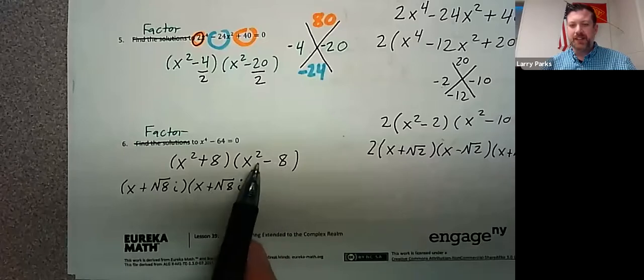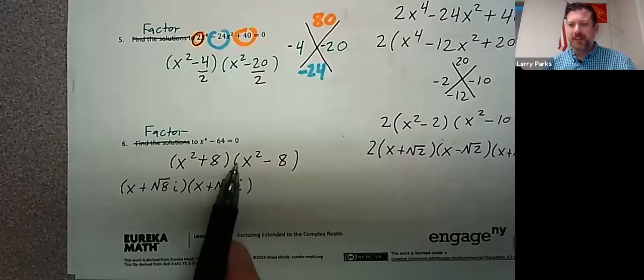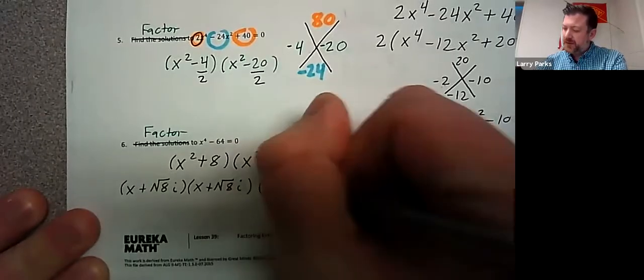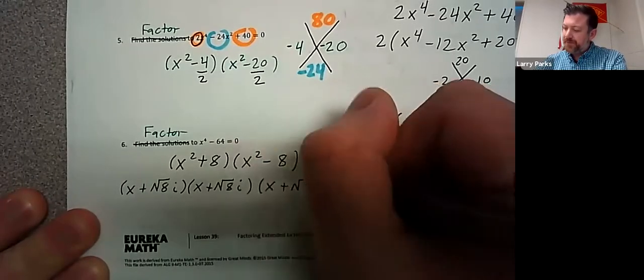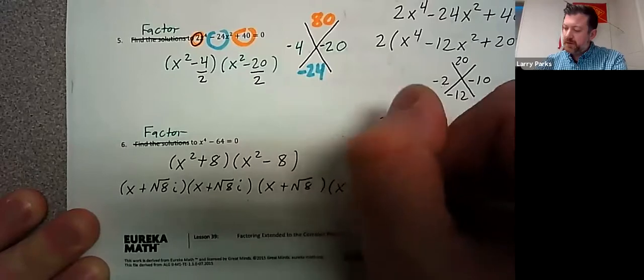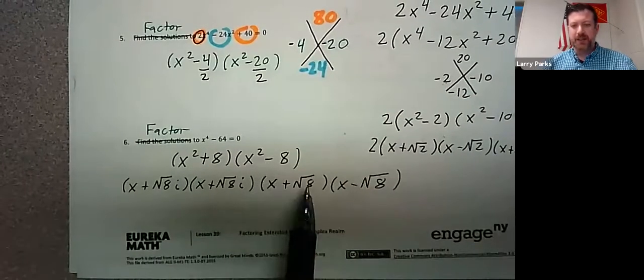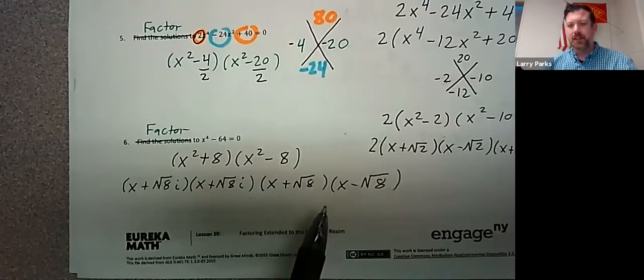And then for this, you also get x plus 8, x minus 8 with the square root. But because it's a minus, you do not need the i's. And that's it. Okay.